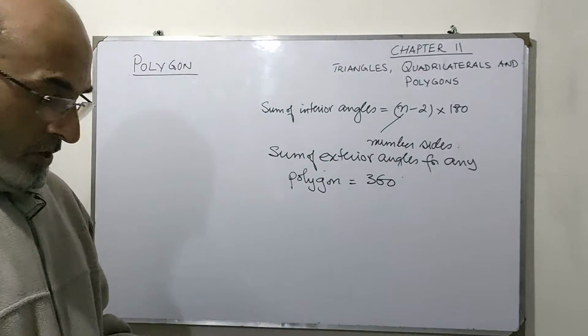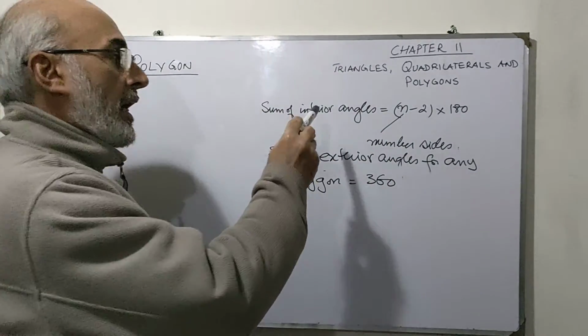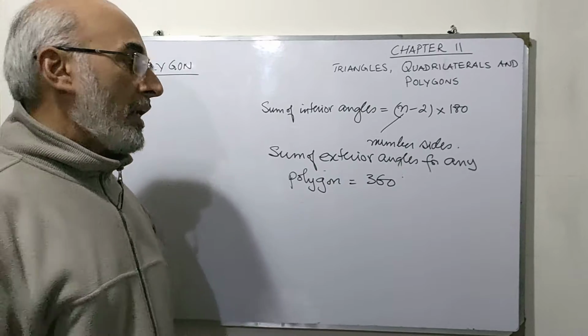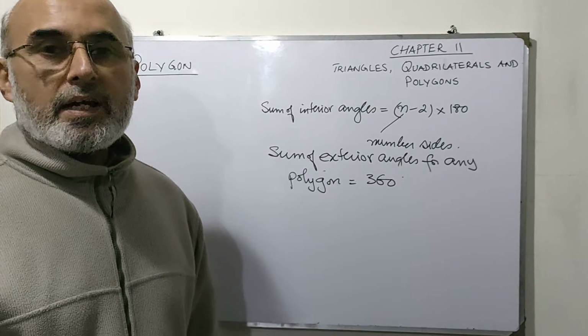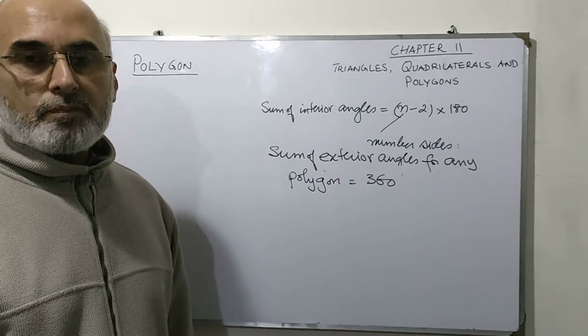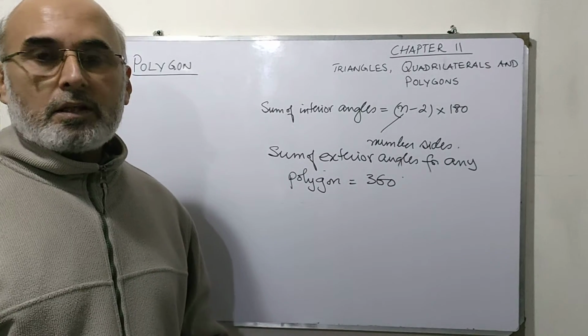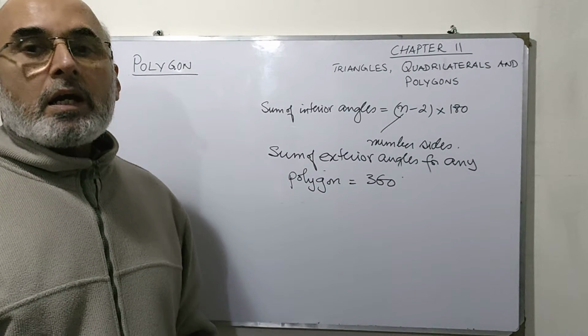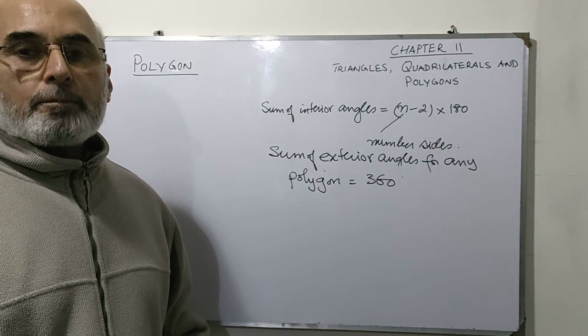So now we have two ways: we can find interior angles with this formula, and the sum of the exterior angles for any polygon is going to be 360. So it will be very helpful for calculating angles for any polygon.